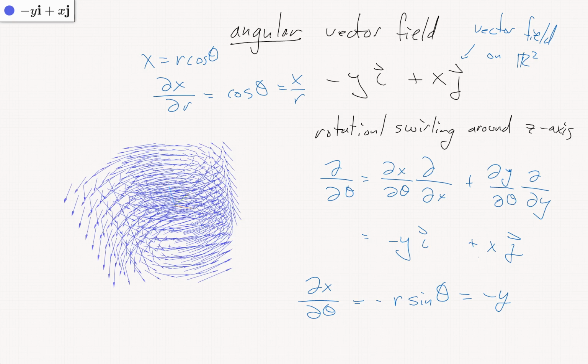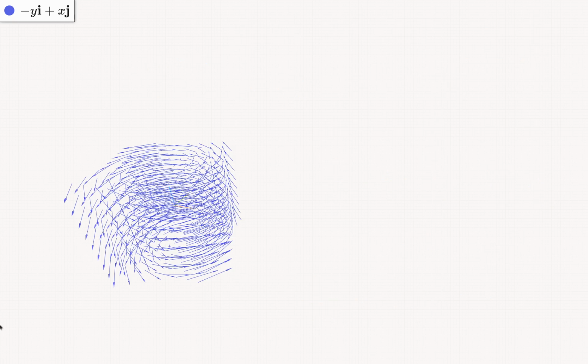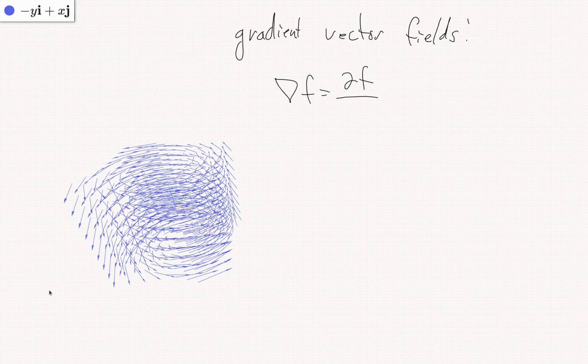A particularly important type of vector field is the gradient. So we can view the gradient of a function f as a vector field.